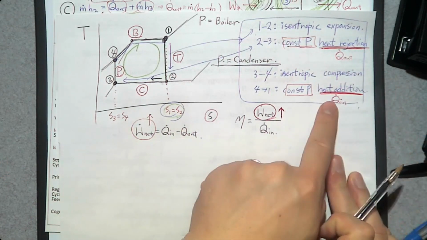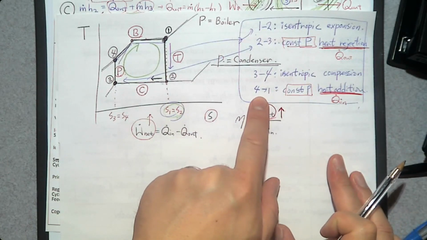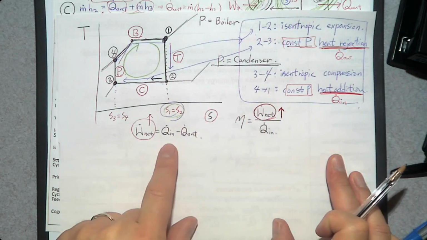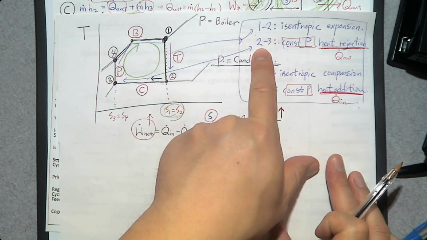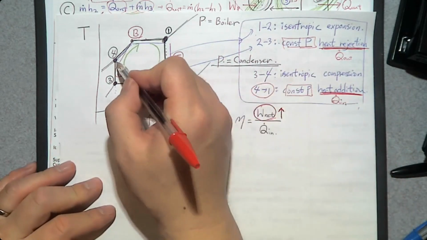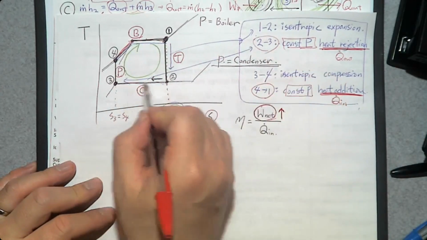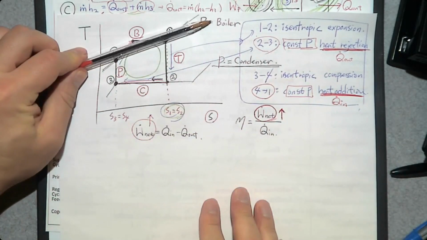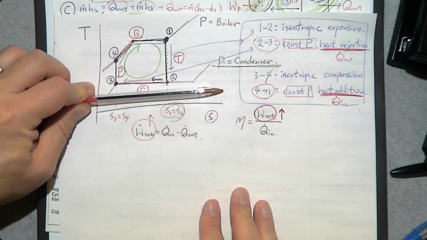So we want to increase Q dot in. We want to increase the process 4 to 1. We want to decrease Q dot out. We want to decrease the process 2 to 3. So where is the 4 to 1? This one. And where is 2 to 3? This one. So we want to increase 4 to 1 and we want to decrease 2 to 3.